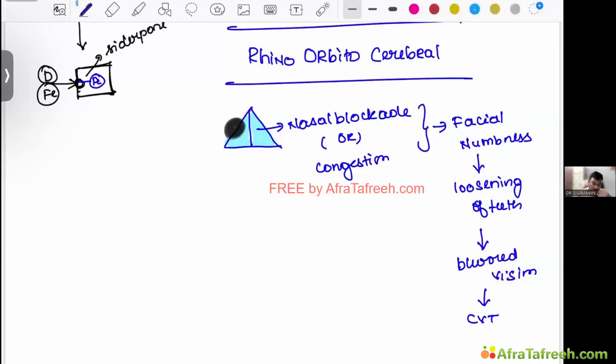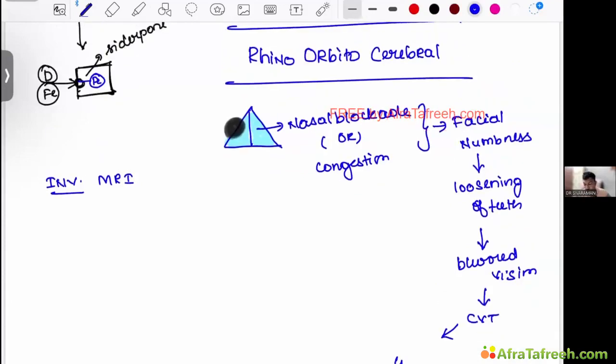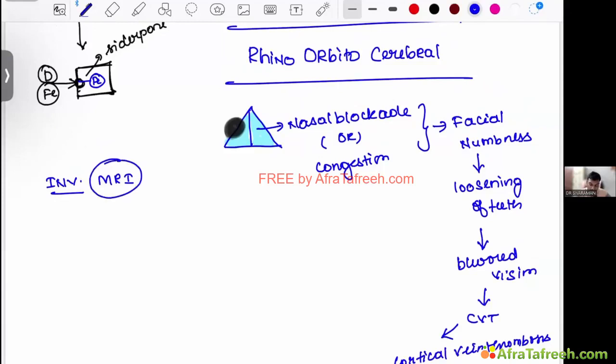Okay, what investigations can you do? The investigation of choice is going to be MRI, and MRI will give an idea that the patient has a mass extending into the deeper tissues.